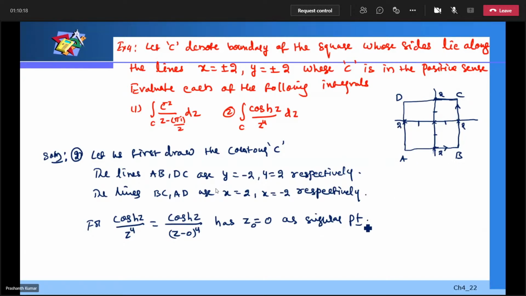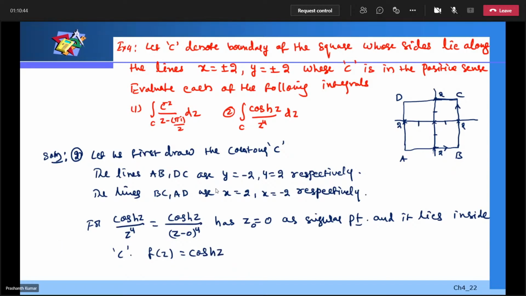So the singular point lies inside C. And we choose f of z is equal to cos hz.